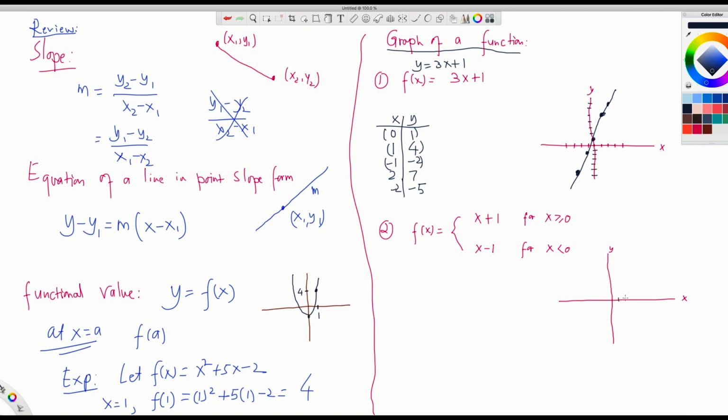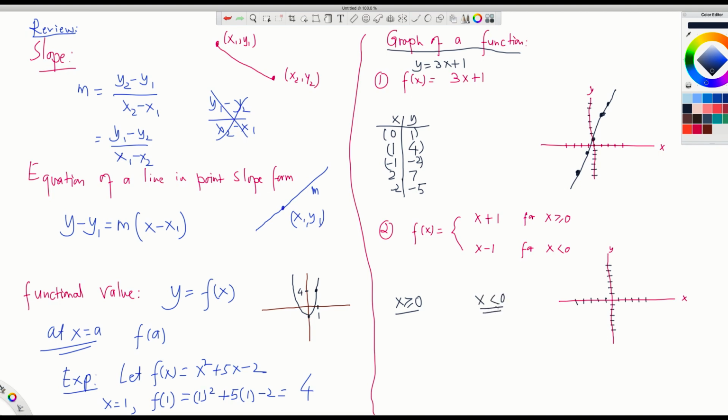So let us draw the graph of this piecewise function, and then we will see how to draw the graph of a piecewise function. So let me mark 1, 2, 3, 4, 5, and so on. Similarly, on the negative side of x and y. This is the graph or the grid. Now, for x greater than or equal to 0, you make a chart. For x less than 0, you make another chart.